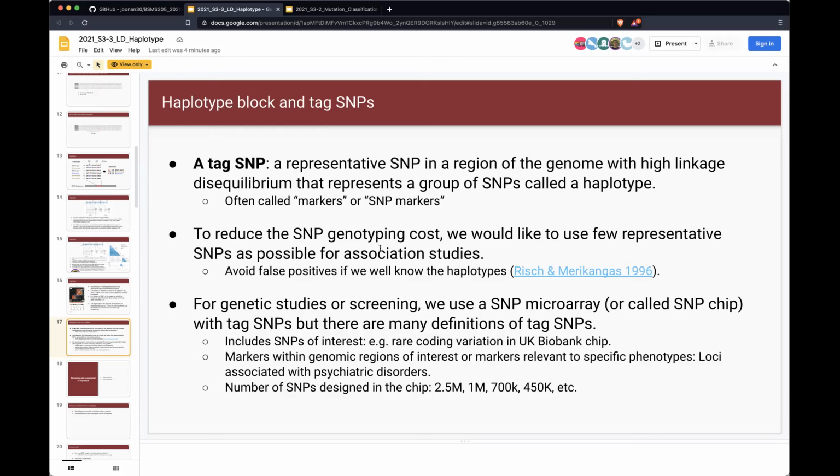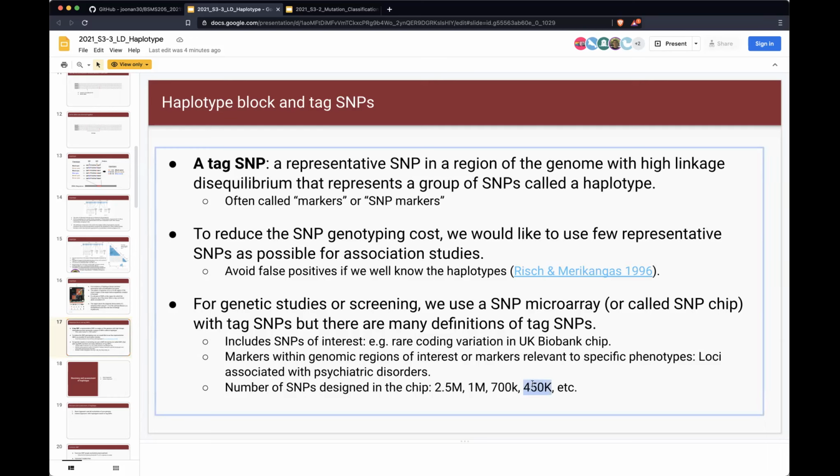And at first, people looked at quite few SNPs in the early days. Before around 2001 or 2002, we could only look at 100 SNPs or 1,000 SNPs.